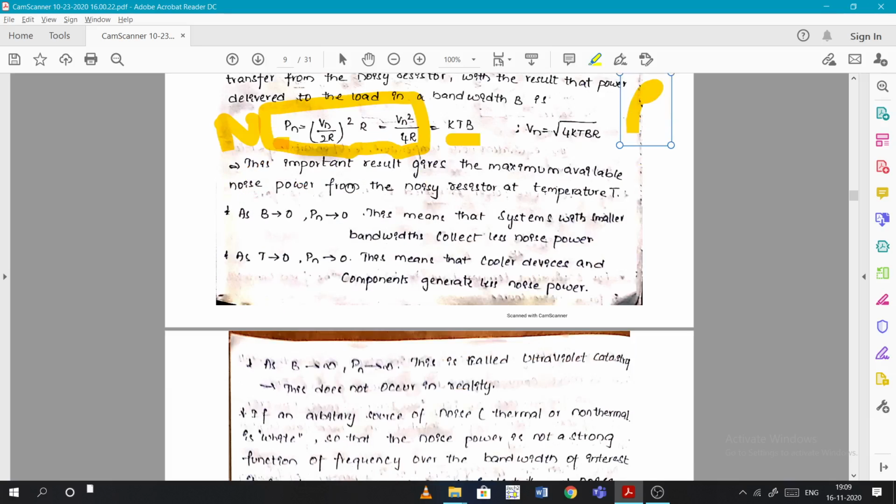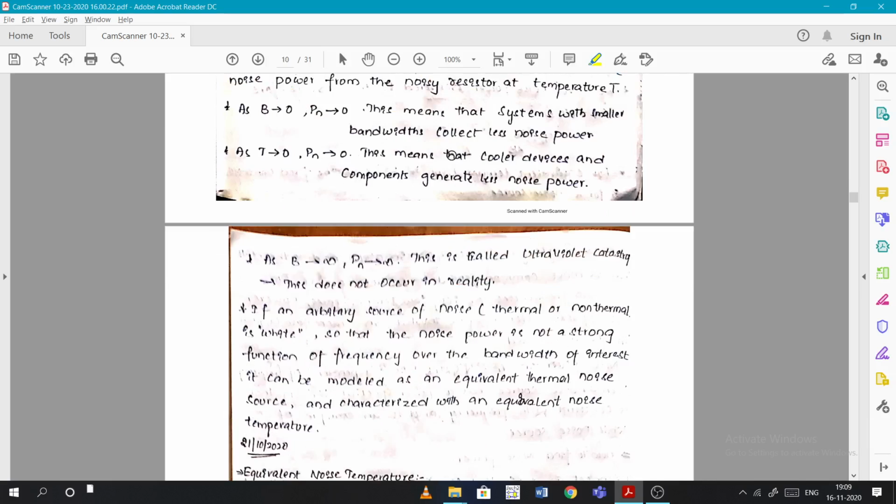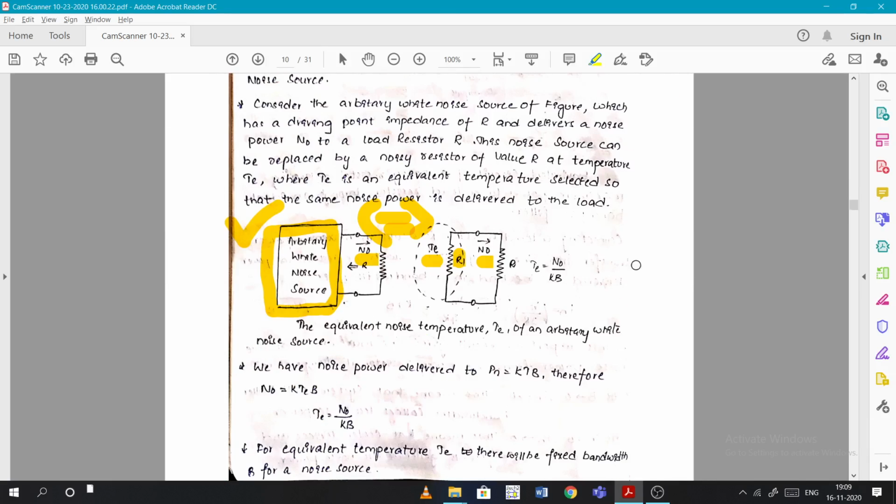Just the naming is different. N naught is the output noise power. For example, if it is Ni, then it is input noise power. So the output noise power that results is kTB.